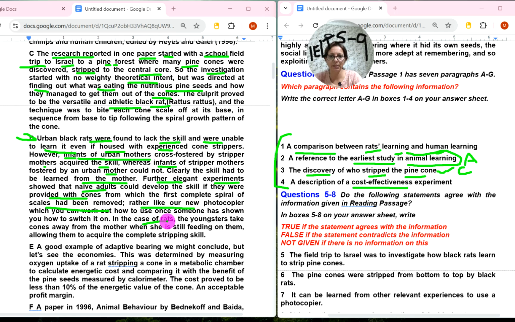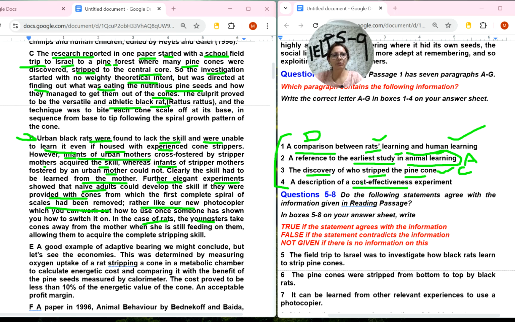In the case of rats, the youngsters take cones away from the mother when she is still eating. I think here, infants of urban mothers and all, they are comparing rats learning and human learning. So I think they are talking about this in this D paragraph. So I will just mark it because the comparison is there. I will mark this D number paragraph for the first question.